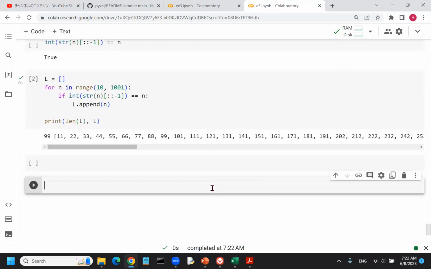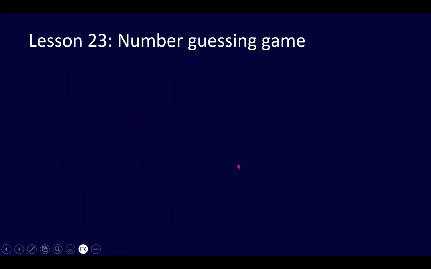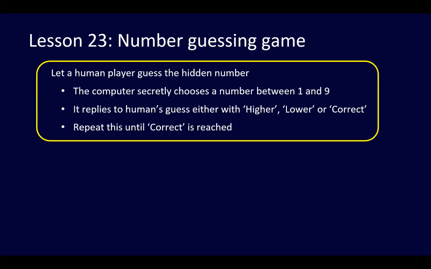Okay, let's go on to today's lesson. Number guessing game. I don't know exactly what this game is called in your country, but it's a simple game. Let a human player, like you, guess the hidden number. The computer secretly chooses a number between 1 and 9.